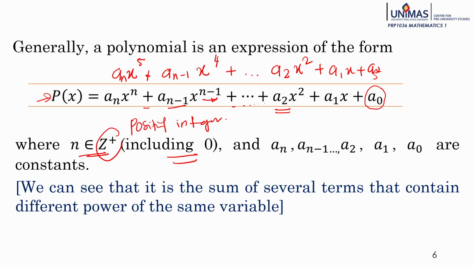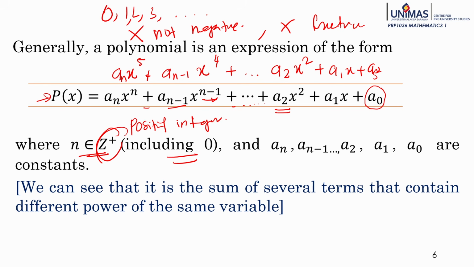The number must be an integer, so it cannot be negative and cannot be a fraction. Integer here means 0, 1, 2, 3, and so on. And a_n, a_(n-1), a_2, a_1, a_0 are constants. Constant means a value.